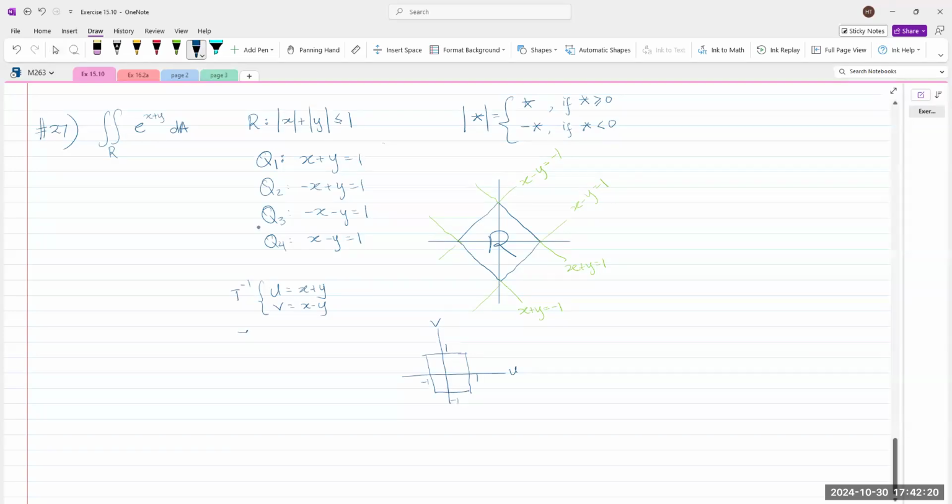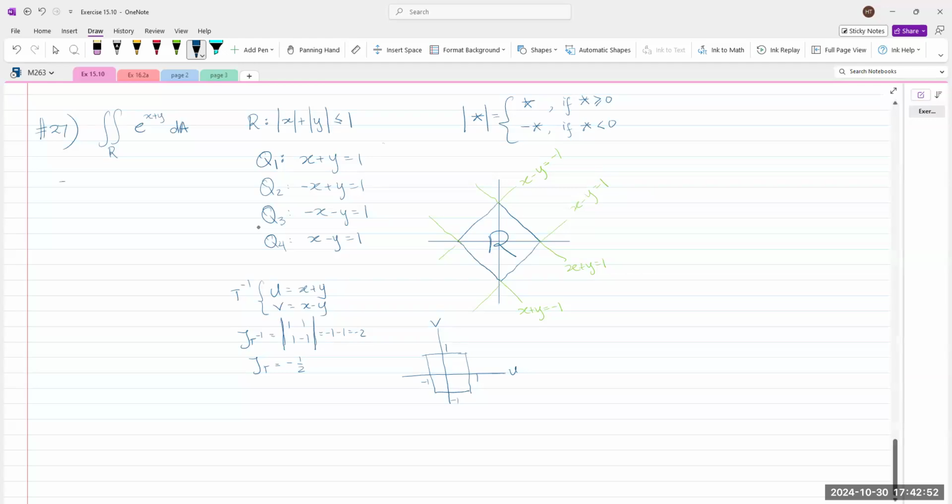The Jacobian here will be 1, 1, 1, negative 1. That's negative 1 minus 1, that's negative 2. The Jacobian of T will then be negative 1/2. But when we plug into the integration, it will be the absolute value of the Jacobian. So it is important for you to distinguish the absolute sign that comes from the determinant and the absolute sign that comes from the absolute value.